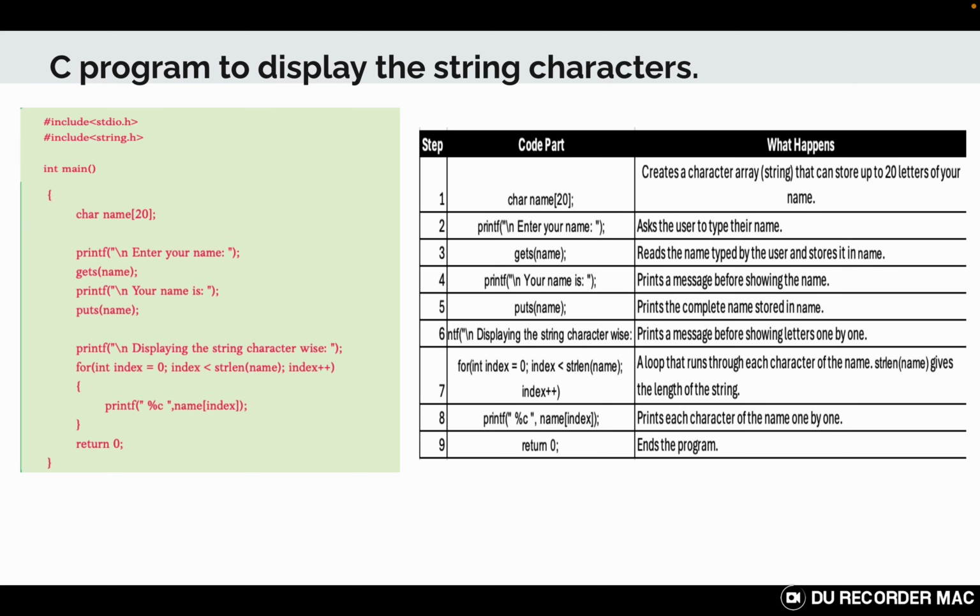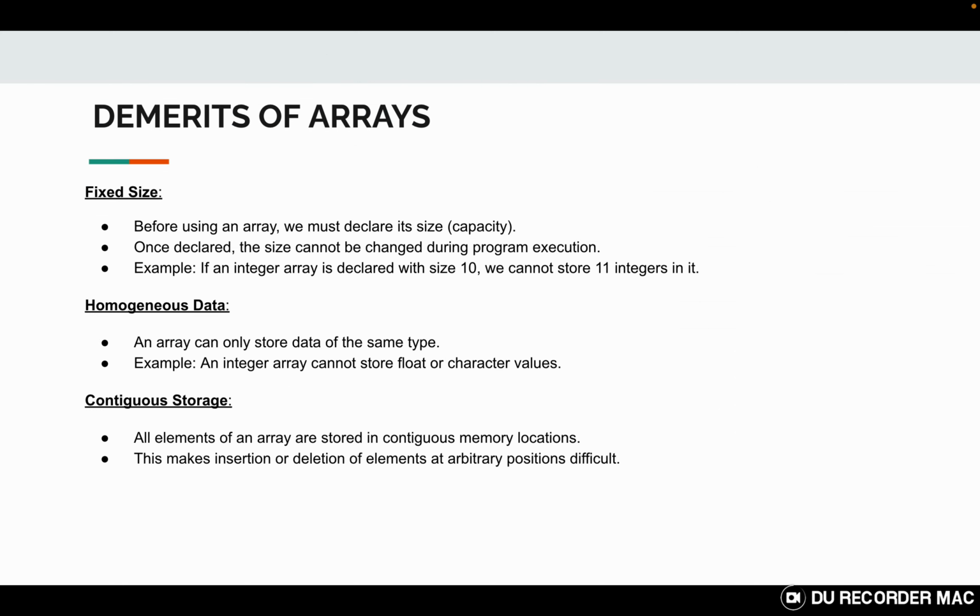Okay, hope this is clear, and we can move on to the last part, which is the demerits of array. So far we have seen how we work on the array kind of structure.